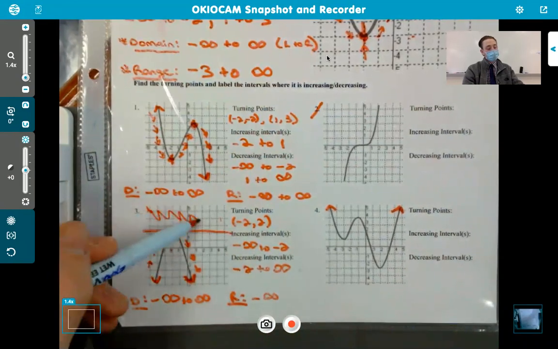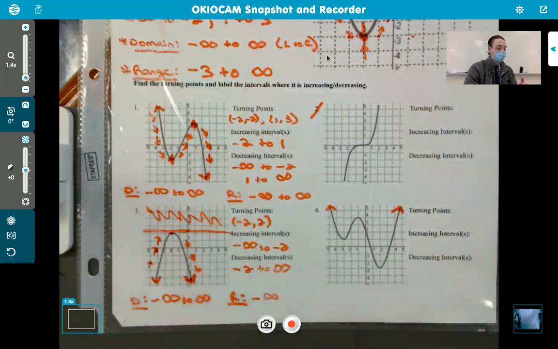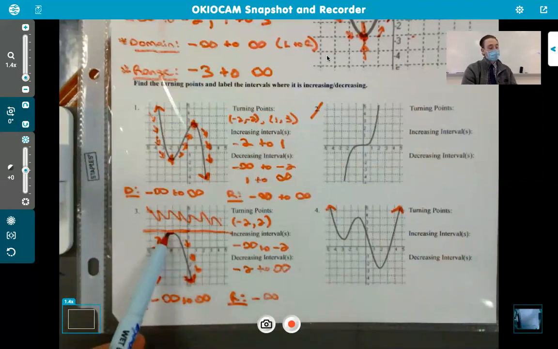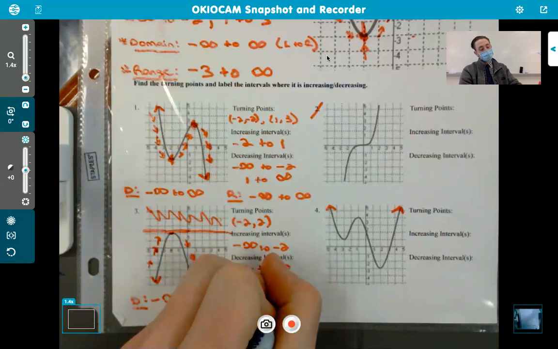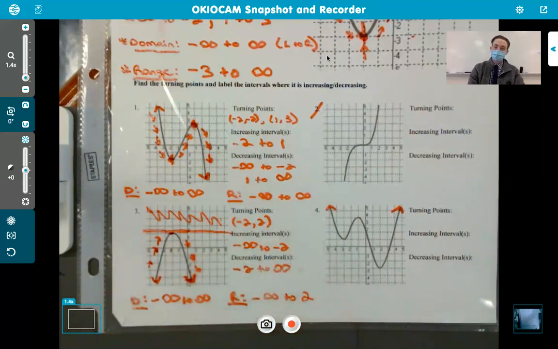There's no points above that. Range, remember, is talking about y values, domains x values. So I go from negative infinity all the way up until I get to +2. And at +2 is where I end my whole range of y values. So that's where I'm going to write my interval from. All right. Any questions about example 3?